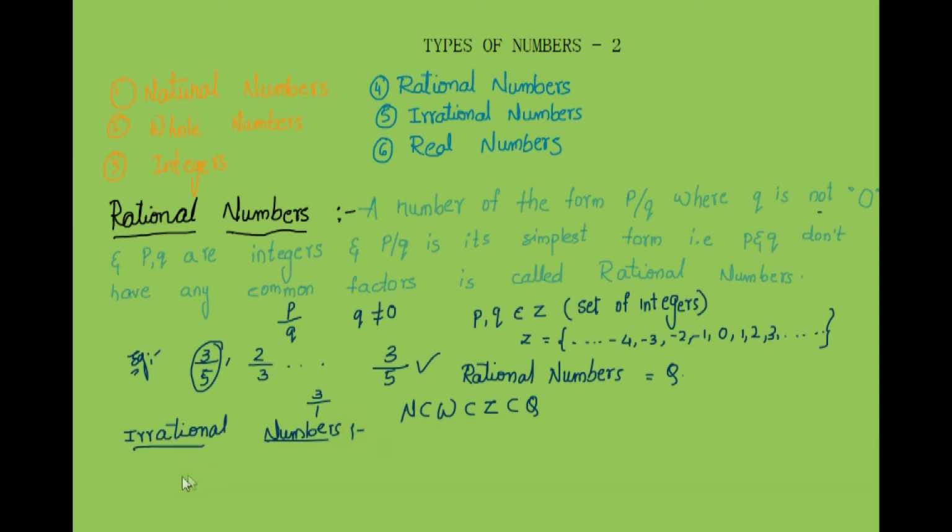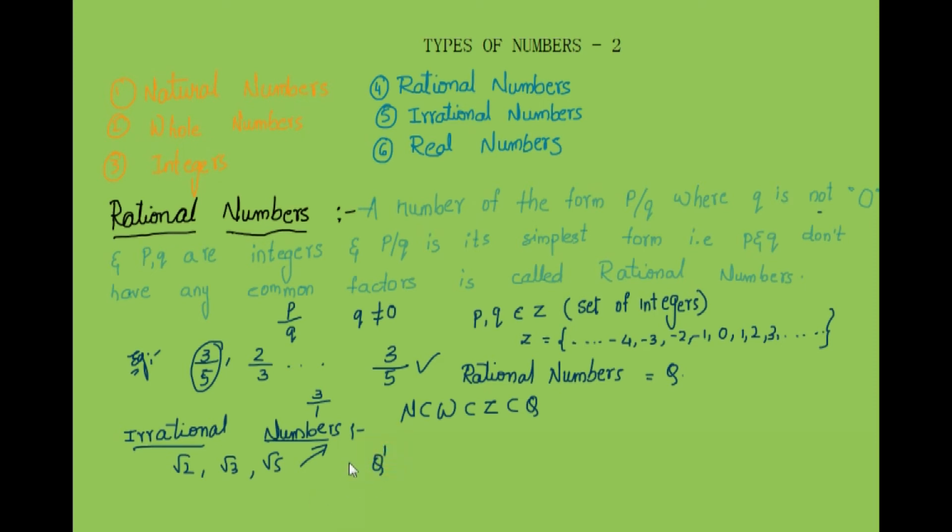Irrational numbers. Some numbers like root 2, root 3 and root 5 cannot be represented in p by q form. The numbers which are like these are called irrational numbers.